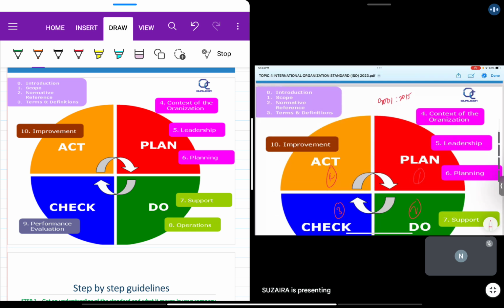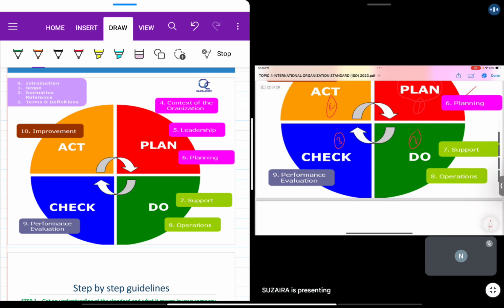So we separately divide the requirements from 9001, 2015 into each of the PDCA. Clauses 0 to 3 are not included in any area, but whenever you start with plan, you have to consider the context, the leadership, and planning.